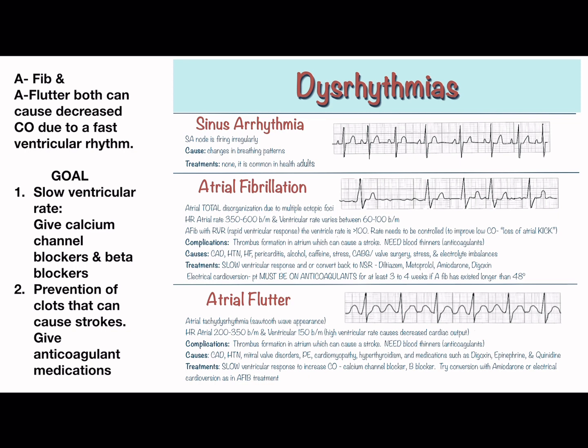So why is your patient symptomatic and feeling horrible? Because they're not perfusing their body. Their cardiac output is low. And this occurs when the ventricle rate is over 100, when they have rapid ventricular response. So that ventricle does not have enough time to get enough blood from the atrium because it's quivering and not squeezing adequately. And the ventricle is contracting at a very high rate and trying to perfuse the body with not enough blood in it.